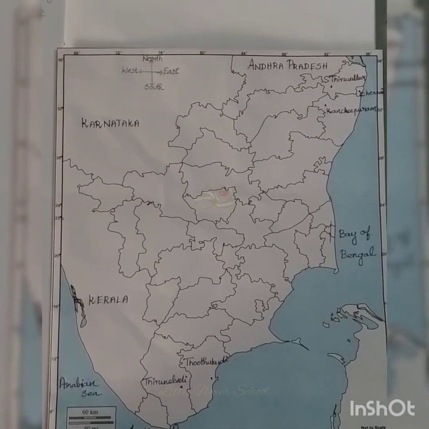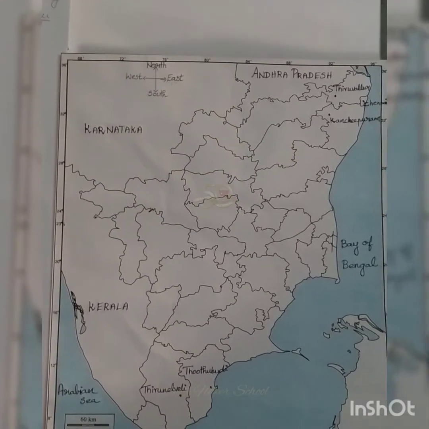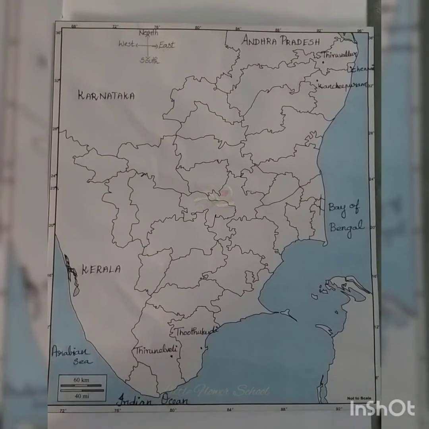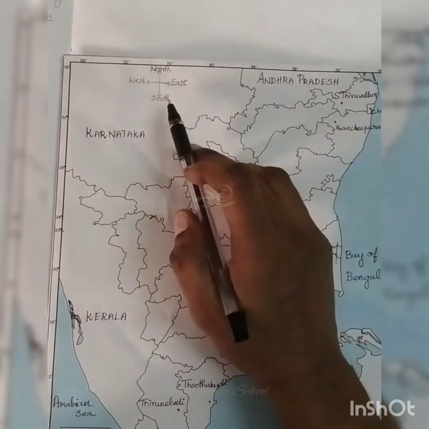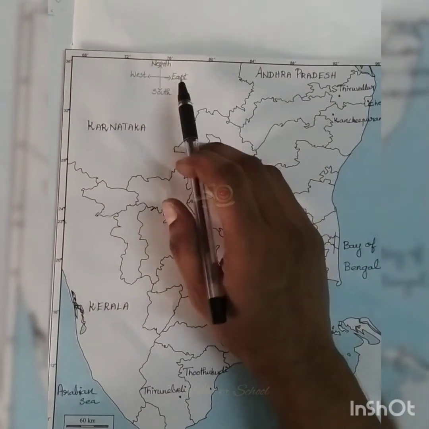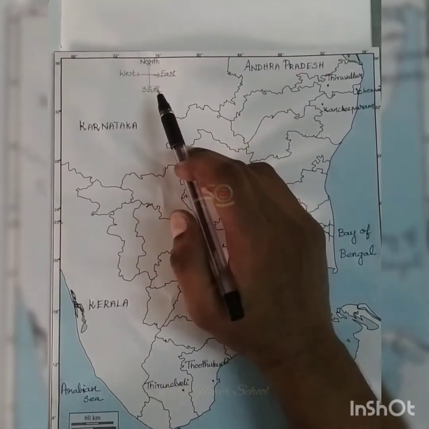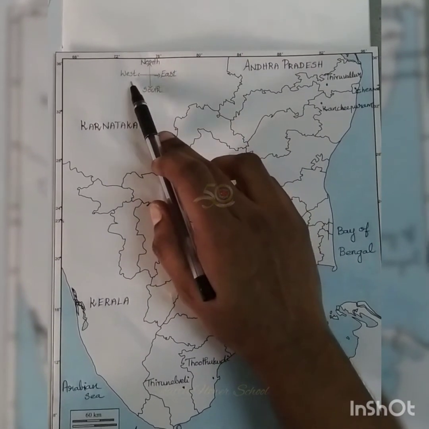Again, one more time I am going to teach you. Whenever you are going to mark states, districts, whatever it may be, you have to first put the directions. There are 4 directions. They are north, south, east, west.